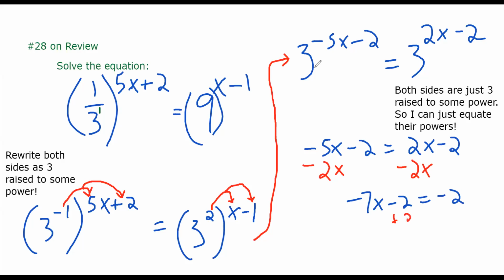You're going to add 2 to both sides to get the x by itself. You're going to end up with negative 7x equals 0. Now, technically, you have to divide both sides by negative 7, but you can tell it's just going to give you x equals 0 as your final answer here.